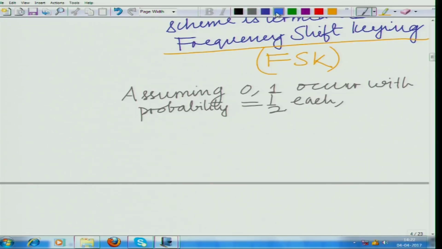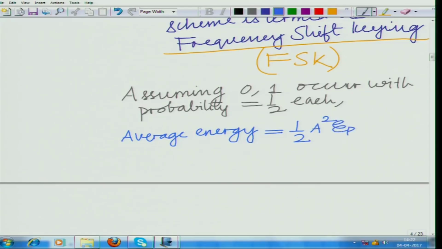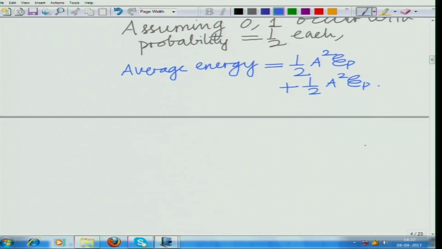equals half, we have average energy equals half A square EP plus half A square EP, which is equal to A square EP.